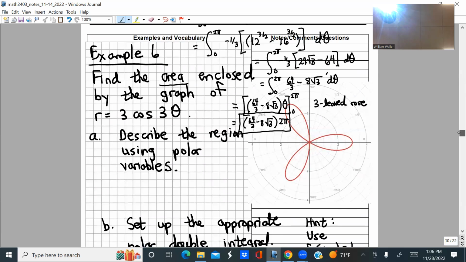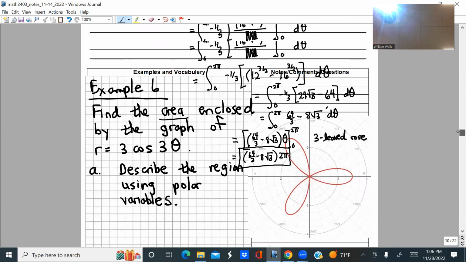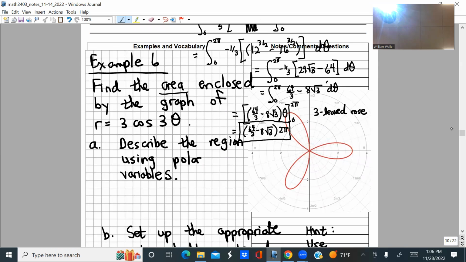Now, here's another really beautiful application. We're not going to do all of this one either, but we're going to understand the idea. Here we're not computing a volume. All I want to find is the area enclosed by this curve.